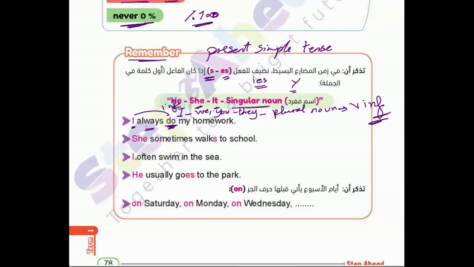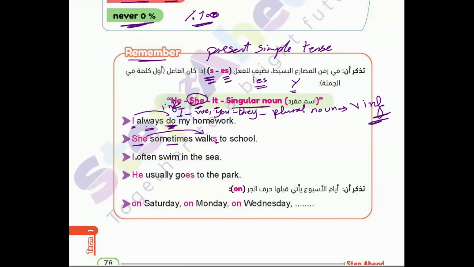Okay, another part, she. Here I can use she. So the verb after she should be with s or es. Check here. She sometimes walks. Okay, after she, the verb with s here. Walks to school. Sometimes, which means sometimes walks to school.